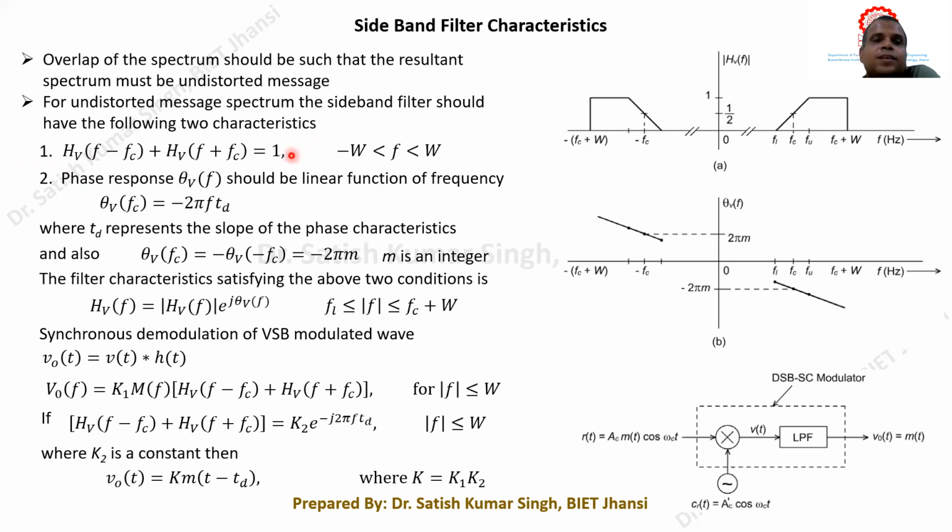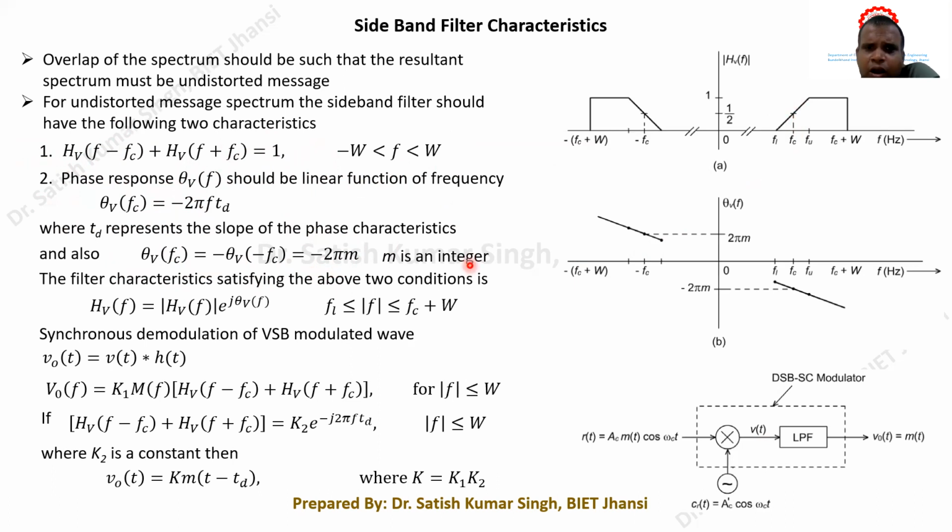It is not necessarily one; it can be any constant k, like 1, 2, 3, 4 or anything. Similarly, the phase response should be a linear function, and the phase response at f equals fc should be given by this particular equation: minus 2 pi n, where n is an integer.